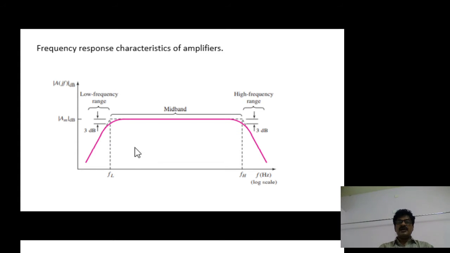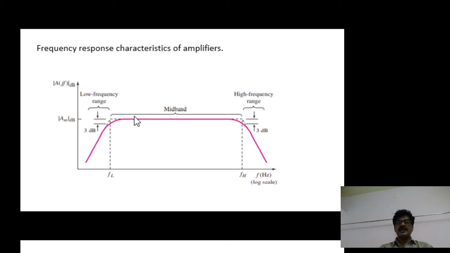But if you observe very low frequencies, the gain will be reduced by decreasing the frequency. Similarly, at a very high frequency also, the gain is reduced by increasing the frequency. What is the reason?